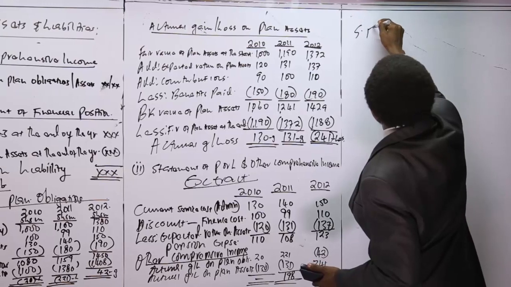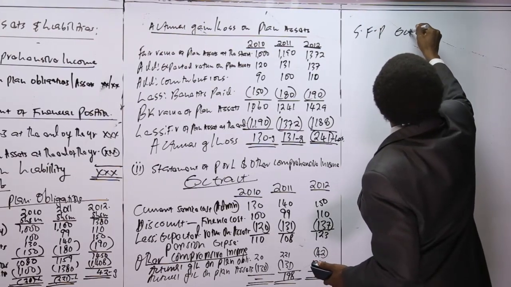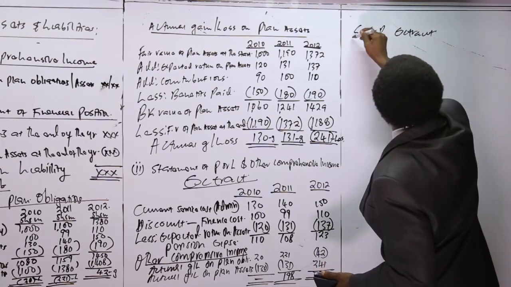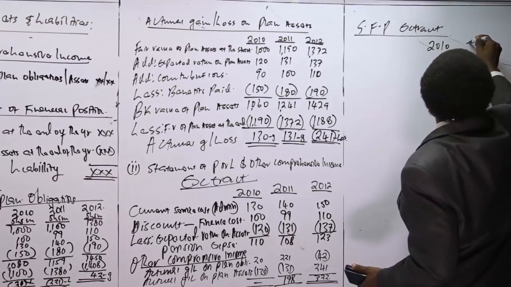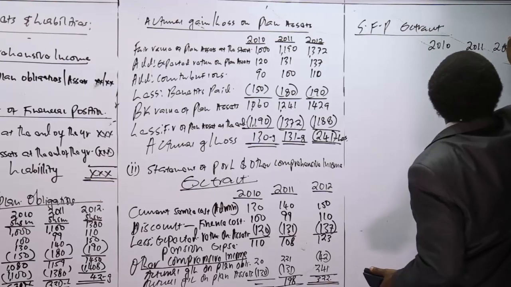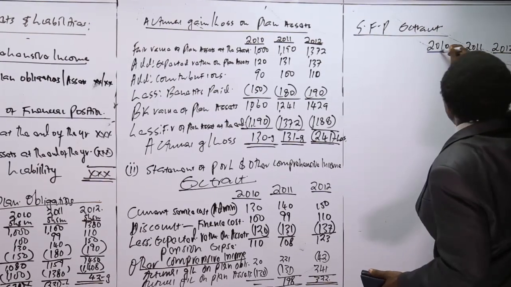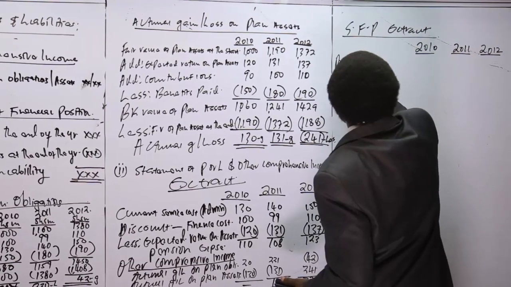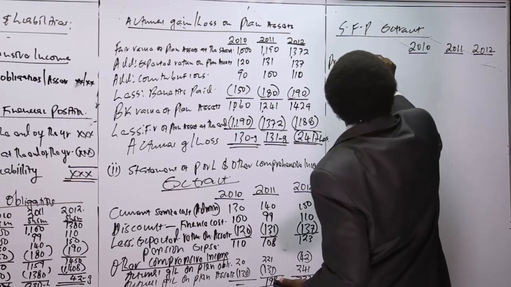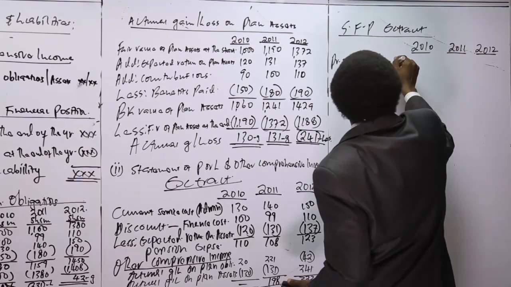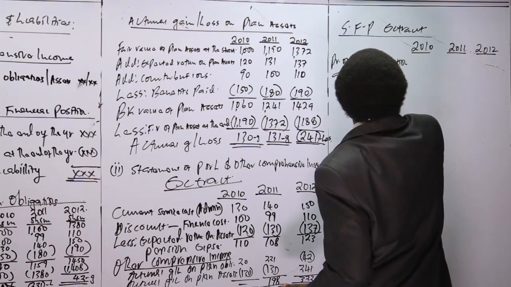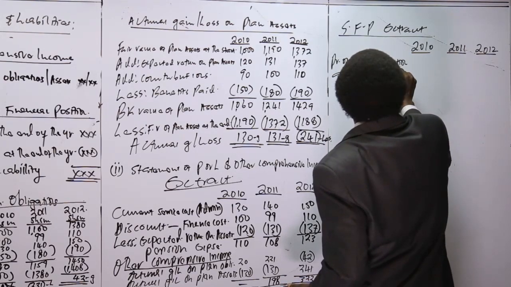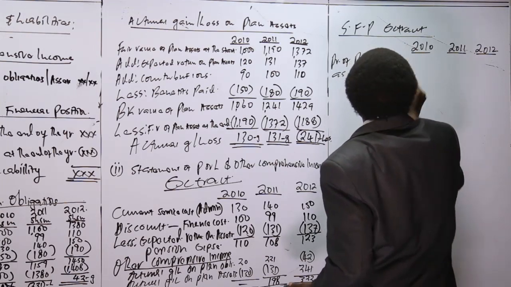Statement of financial position, extract, or the amount to be reported as an asset or liability, 2011, 2012. So we'll have the present value of plan obligations as at 30th April 2011.